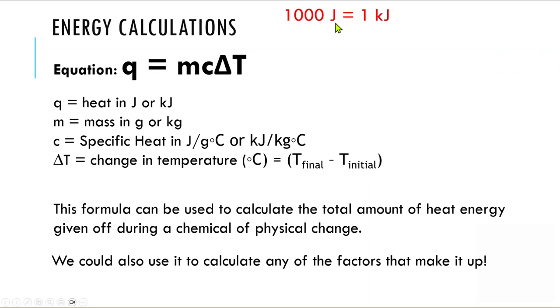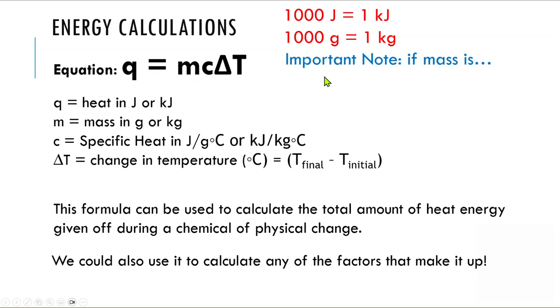All right, so remember, there are 1,000 joules in 1 kilojoule, and there are 1,000 grams in 1 kilogram. That means when we're plugging into this equation, if the mass you plug in is in grams, when you calculate Q, Q will have a unit of joules, because the unit of grams cancels with the unit of grams in the specific heat.